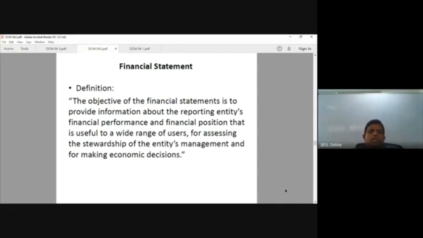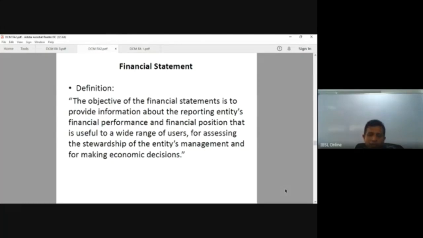I'm not going to explain this slide because I have already explained it. Regarding the financial statement definition, the objective of the financial statement is to provide information about the reporting entity's financial performance and financial position. Underline these two words.